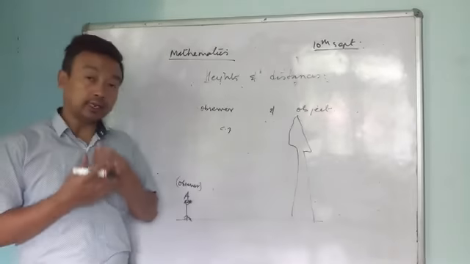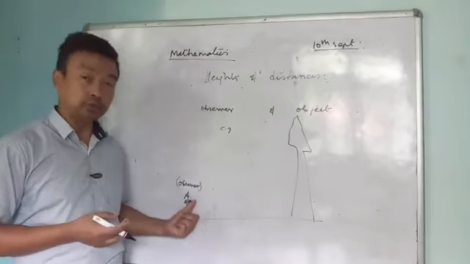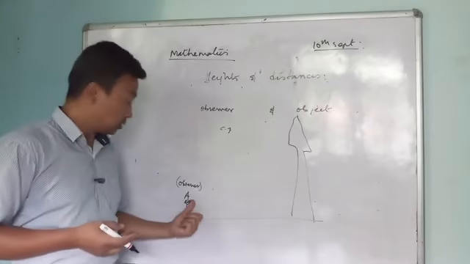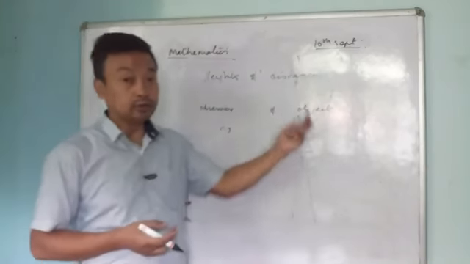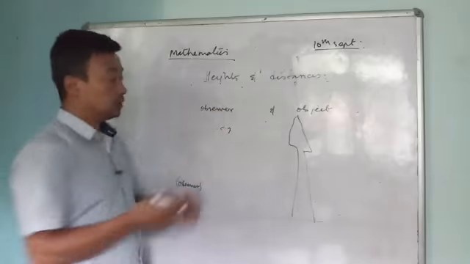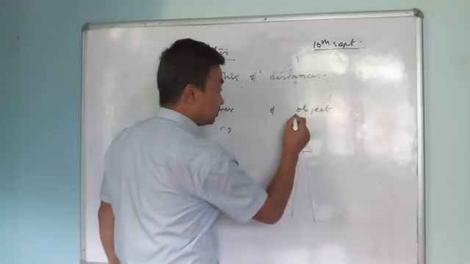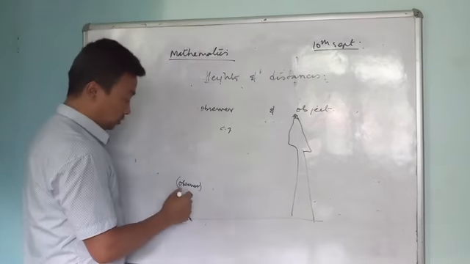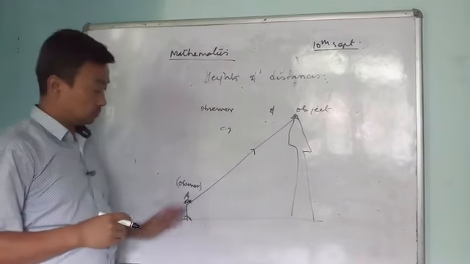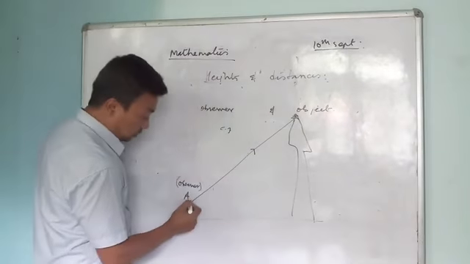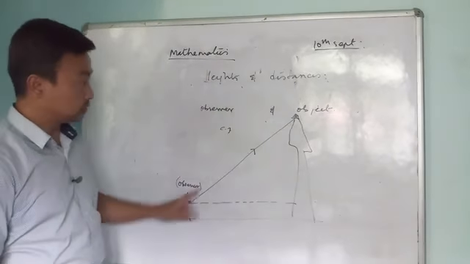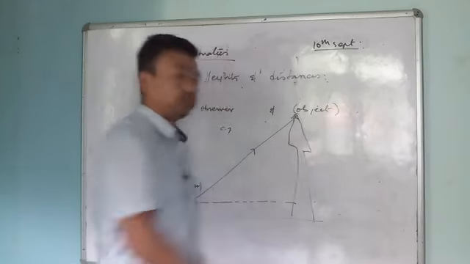These objects you can see in two positions: one above the point of observation and one below it. Suppose you see a bird on the top of a tree, so you are observing above. That means it is elevation, with respect to the horizontal line. Suppose this is the horizontal line, this is the observer, and this becomes your object.